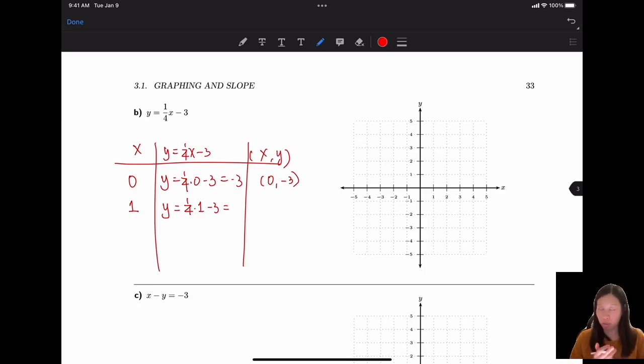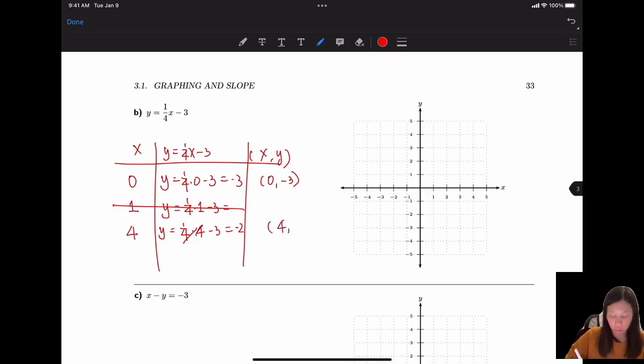So what we can do is try to find some number that we can use to get rid of the fraction, such as, pause the video and think about it by yourself, such as 4, because y equals 1/4 times 4 minus 3. 1/4 times 4, they cross cancel. This gets you 1. 1 minus 3 equals -2. So your ordered pair would be 4 and -2.